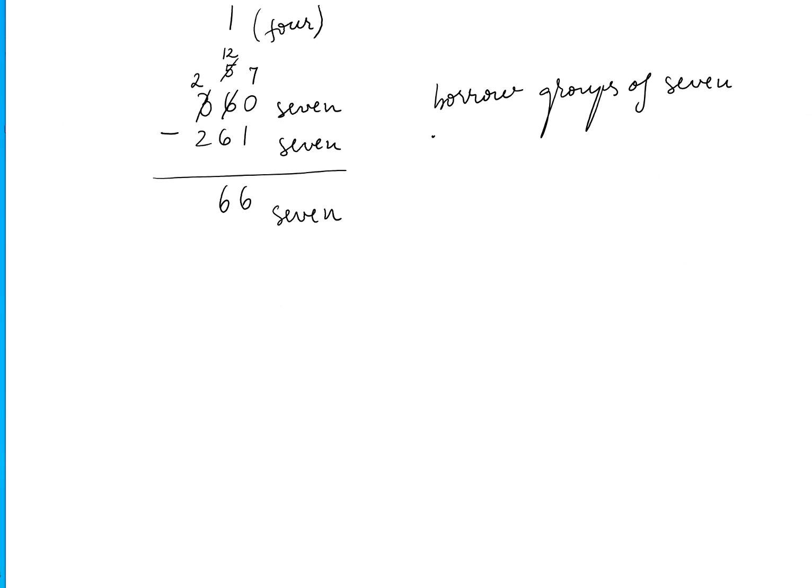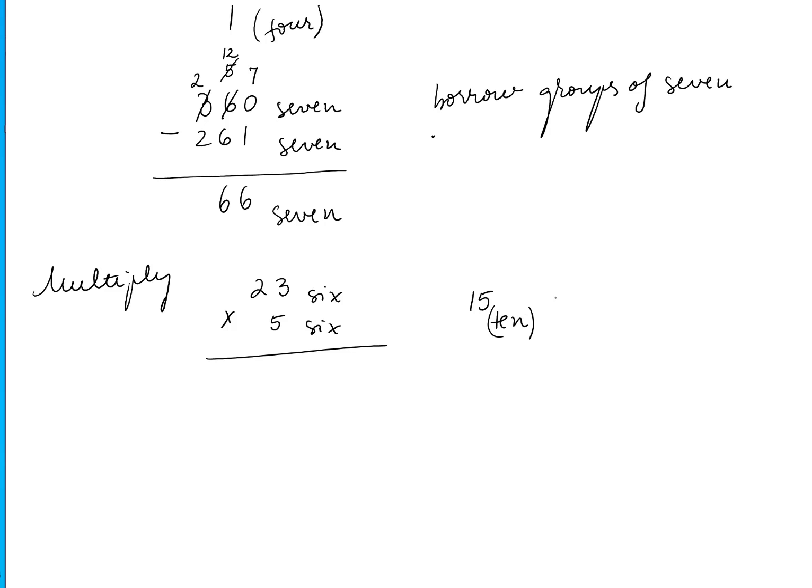And let's do a multiplication. 2 3 in base 6 times 5 in base 6. So 5 times 3, it's 15. 15 in base 10. Well, 15 in base 10 is equal to what in base 6?